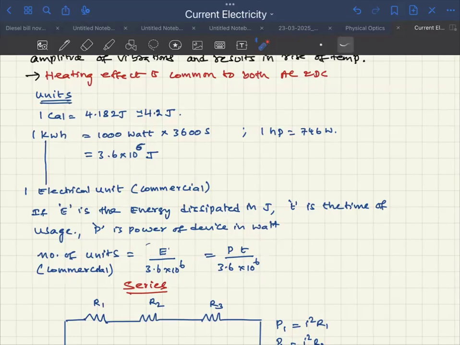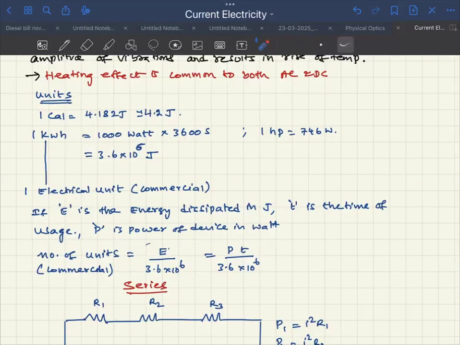Whereas in current electricity, every house is fitted with electric meters. Your mother or father will say this month we got 300 units. The electricity which we have used is 300 units. What is a unit? 1 unit is called a kilowatt hour.